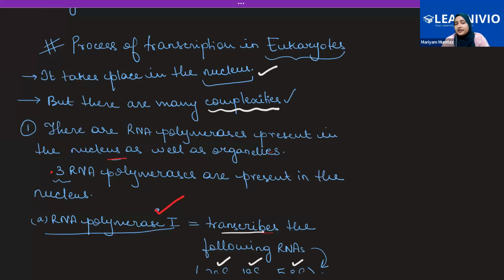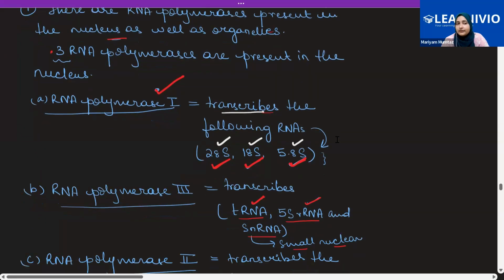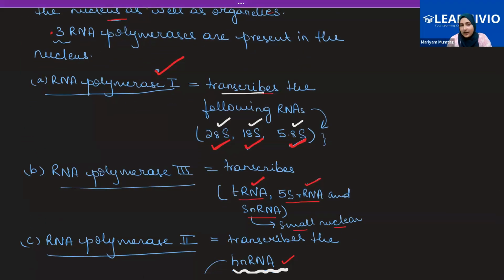How many RNA polymerases are present? There are 3 of them: RNA polymerase 1, RNA polymerase 2, and RNA polymerase 3. Now, RNA polymerase 1 of the eukaryotes will be doing the transcription and forming the 28S RNA, 18S RNA, and 5.8S RNA.